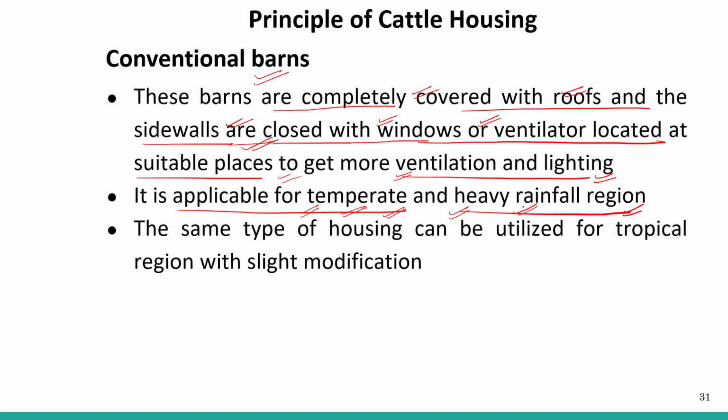At those places we can make conventional barns. The same type of housing can be utilized for the tropical region with slight modification. We can bring this type of housing in the tropical region as well, with certain modifications.